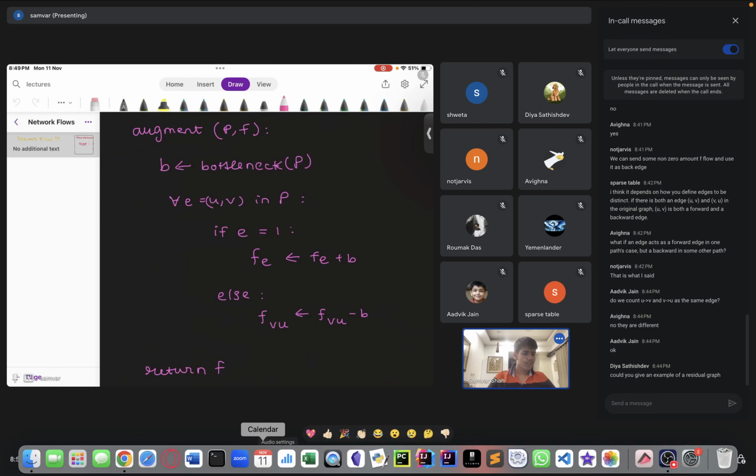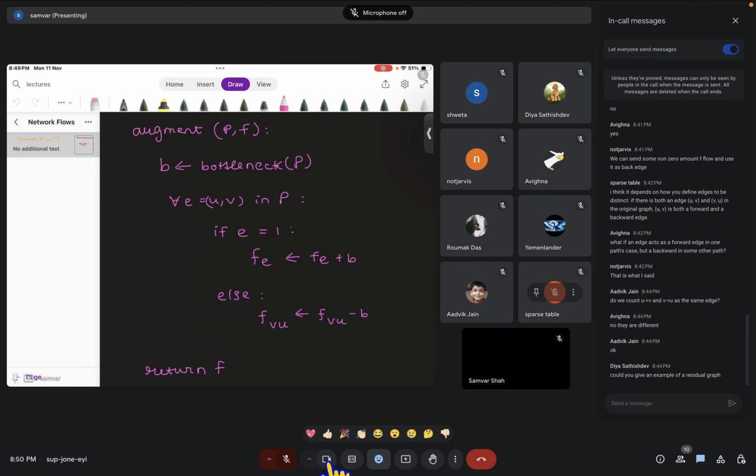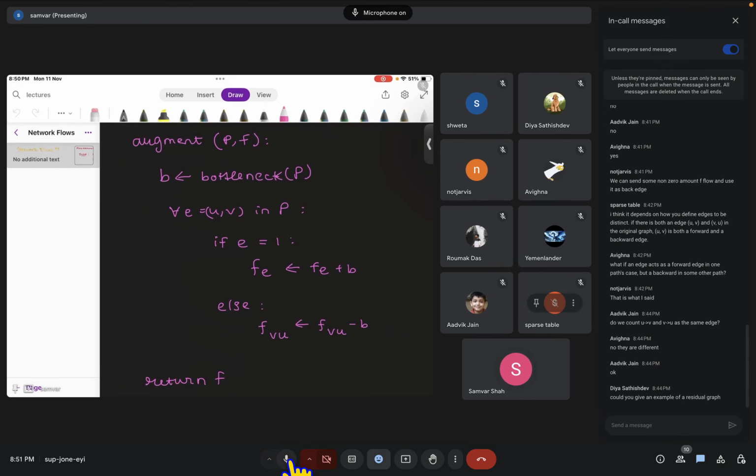But if you read this, what do you think augment is supposed to do? Does anyone have any thoughts? You can raise your hand and unmute or write it in the chat.